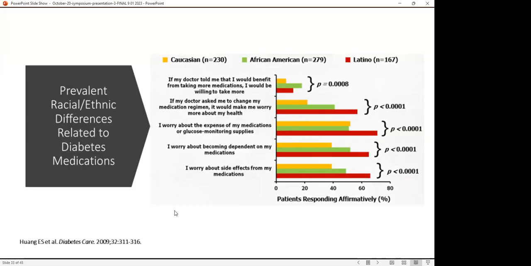So I think it is very important when it comes to medications that we also ask our patients: are you concerned about side effects and dependency of your diabetes medications, so that we can address it, because there may be a problem of not taking medications as prescribed, and we may not be addressing that. And that also may definitely affect outcomes.